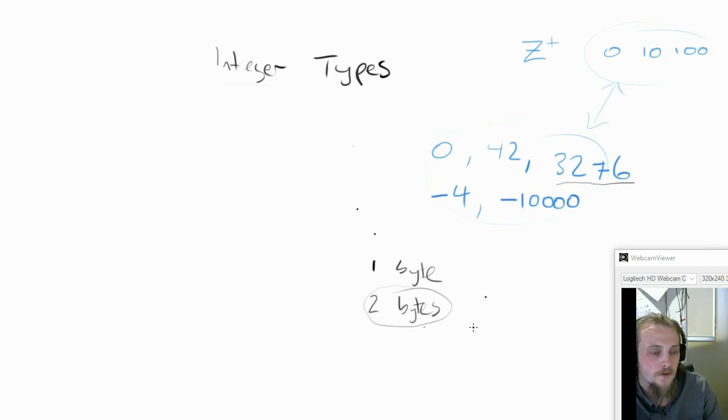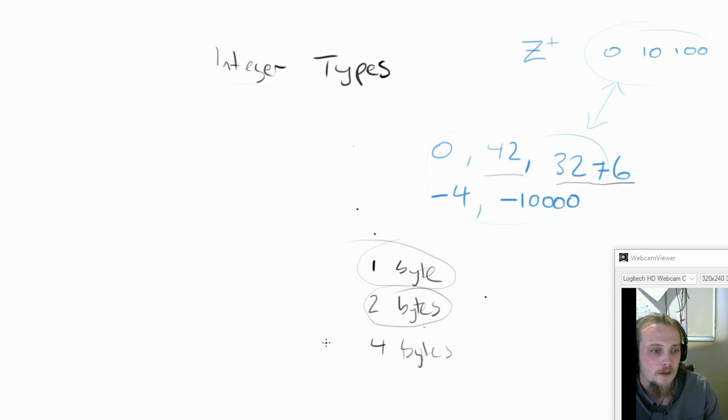So for example, if you're storing, let's say, temperatures as whole numbers in degrees Celsius, you're probably going to have fairly small numbers, and you could probably get away with using 1 byte. If you're doing very large numbers for some big calculations, you might need to go all the way up to 4 bytes.